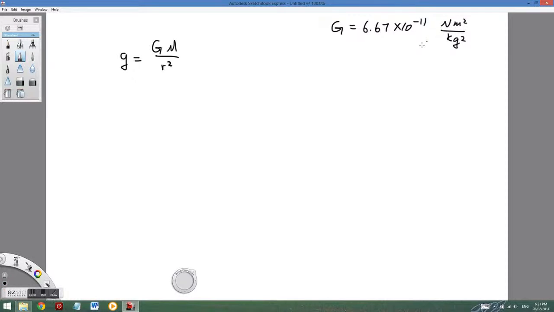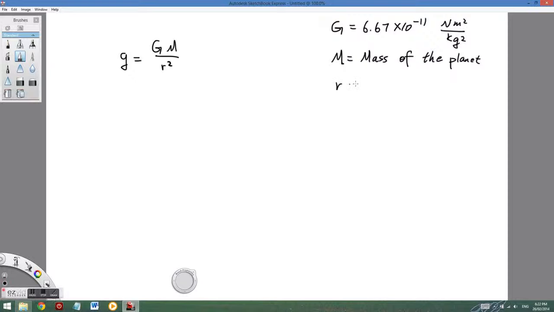So big M is the mass of the bigger object. Normally in this case, it's a planet, so the mass of the planet. If you have two planets, well, we talk about this later.